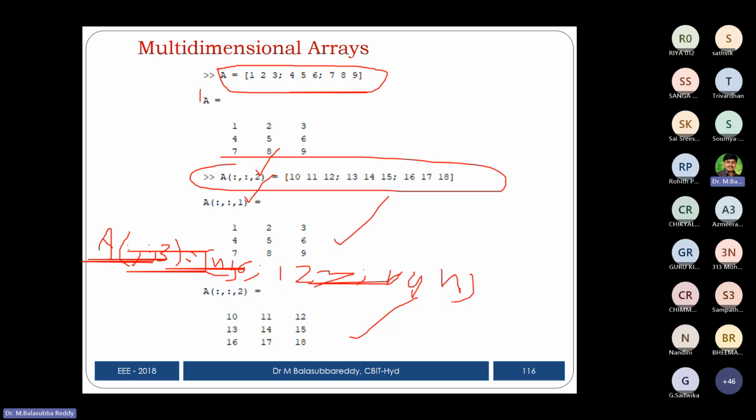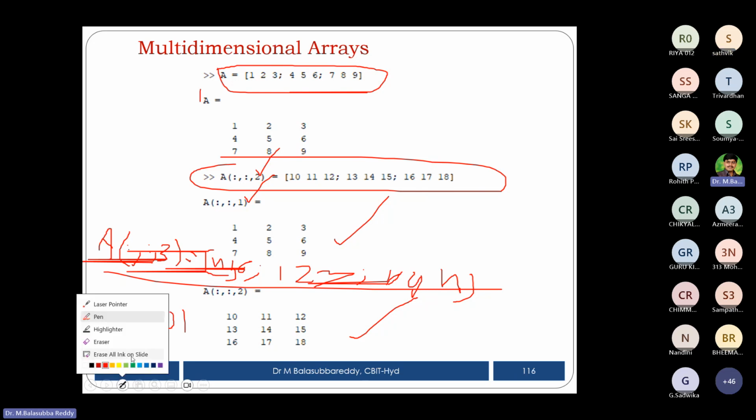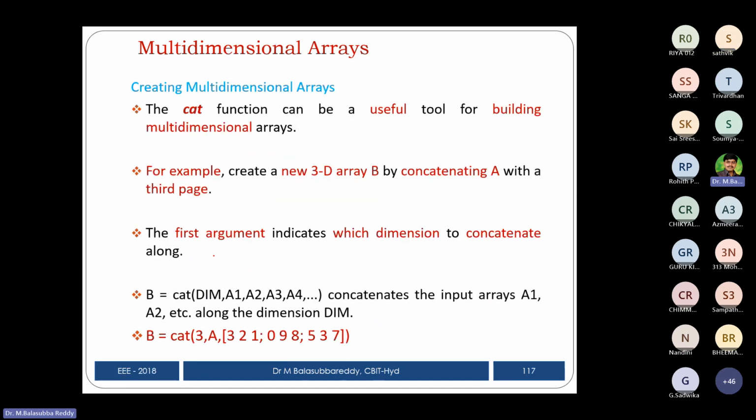So now what will happen, this is going to be transferred to the third page. In that case we can add the third page as well. Now once you type A, you will get A of colon, comma, colon, 3, and whatever data you entered will be displayed. So in this fashion, we can easily identify the third page as well.